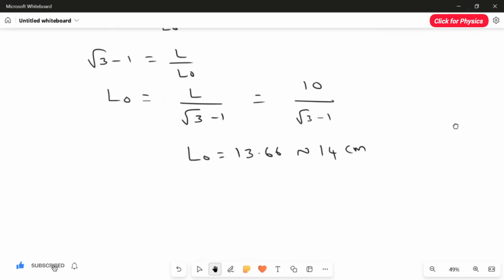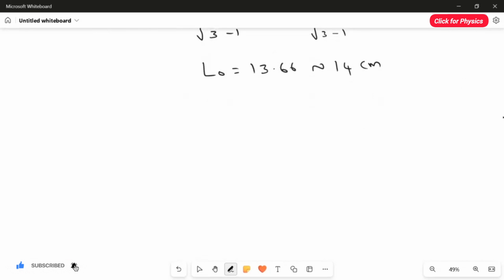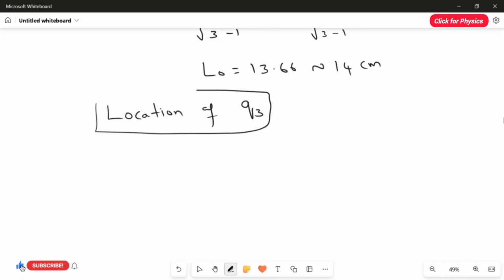Clear? Now we have to find the location of the third charge. That means we have to find the coordinates of the third charge, that is, the x value and y value. The third charge is sitting exactly on the x-axis, so what's the value of y? It is 0 centimeter. But what is the value of x?